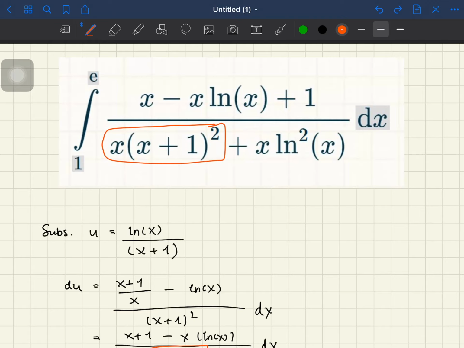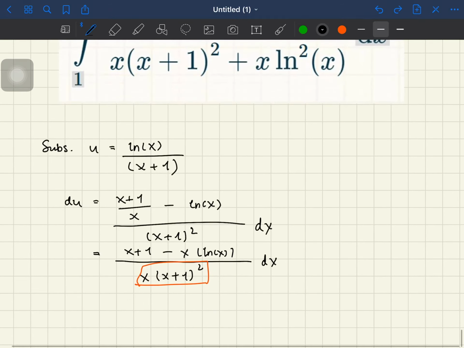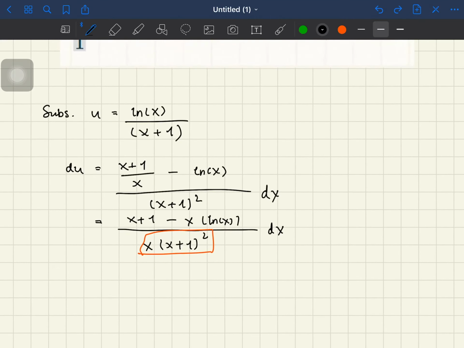We will see that it's very important that you don't cancel this one, because later you will know why. So we get the dx in, and you will have x plus 1 squared on the top, while on this side x plus 1 minus x ln x at the bottom, and this is du.